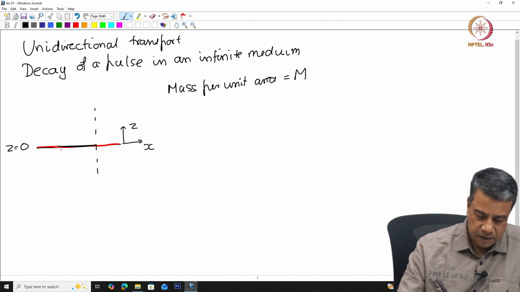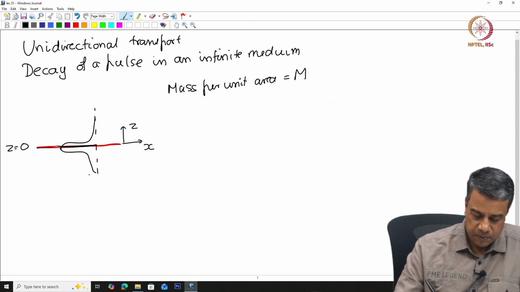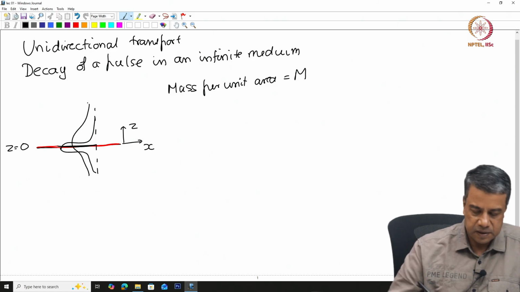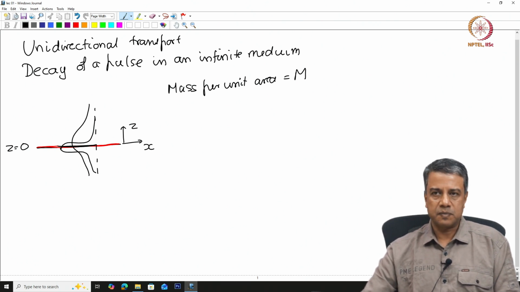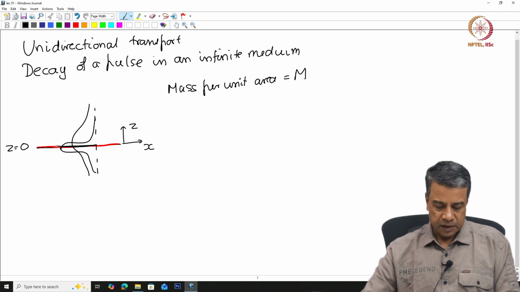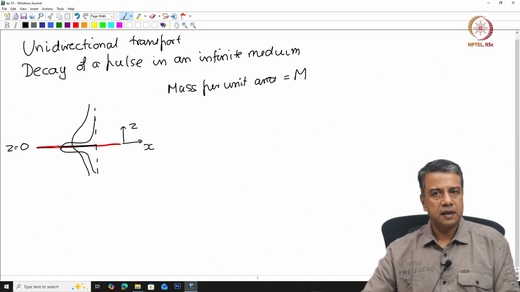Initially it will spread to a small distance, and then to a larger distance, and so on. So, there will be a spreading of the concentration of this material in both the plus z and minus z directions, and we would like to know what is the concentration as a function of time for this one dimensional transport.